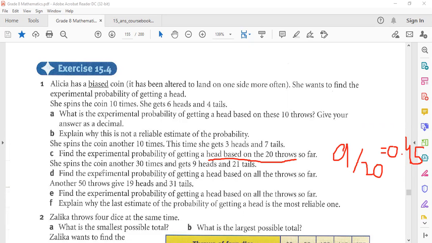Now find the experimental probability of getting a head. He always said head, based on all the throws so far. Another 50 throws give 19 heads and 31 tails.